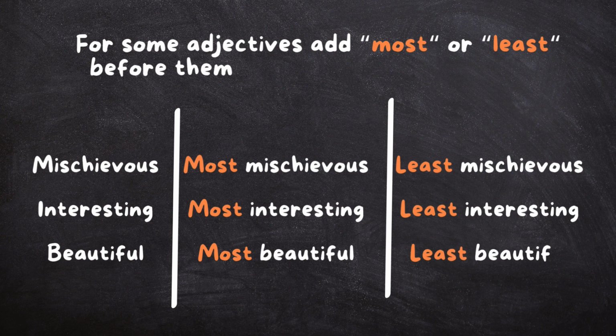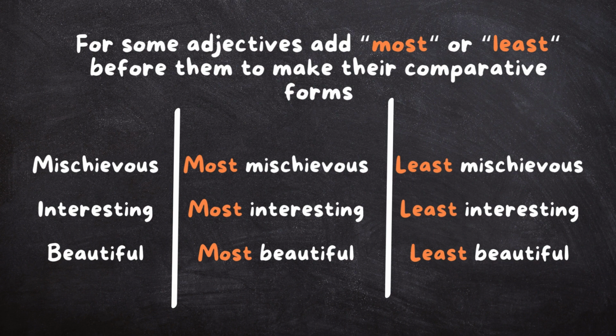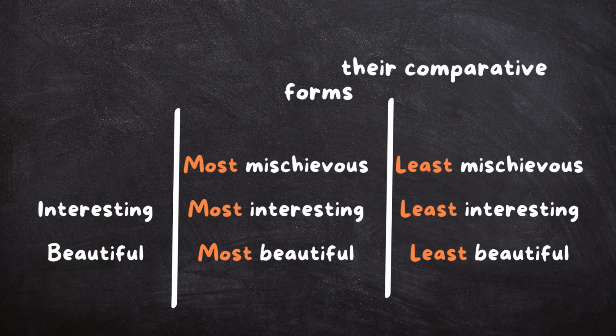So mischievous, you add most before it and you get most mischievous. Interesting becomes most interesting. Beautiful becomes most beautiful. Or you can add least before them to get their superlative forms. And mischievous becomes least mischievous. Interesting becomes least interesting. Beautiful, least beautiful.